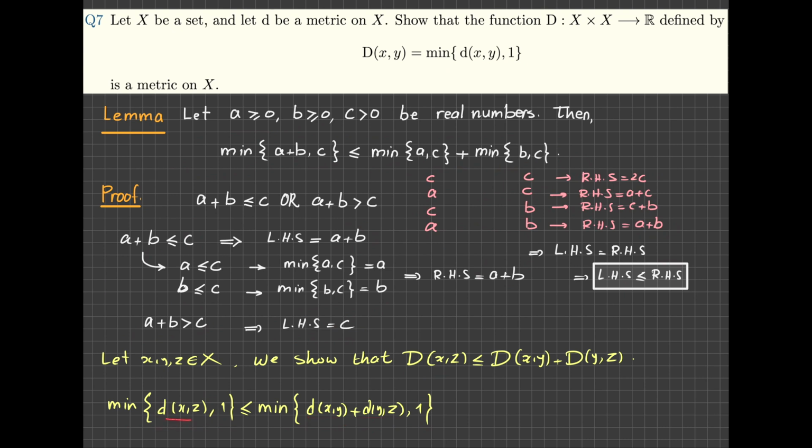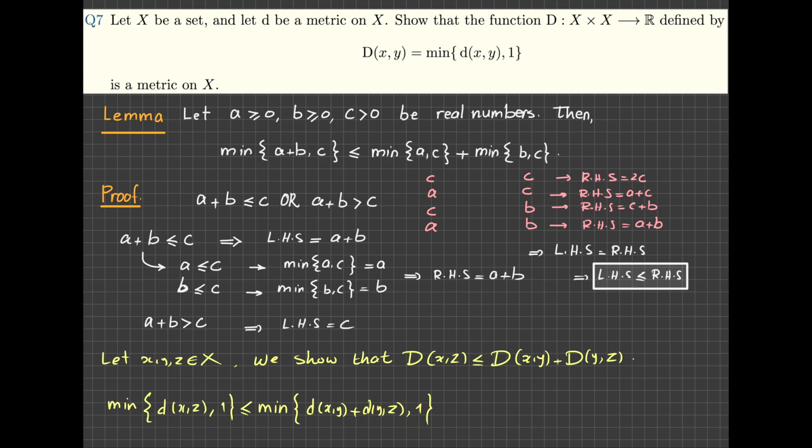One of them is this number, the other one is 1. Here I have also a set consisting of two elements, one of which is the same number 1 and the other one here is greater than or equal to that number because little d is a metric. Then it is guaranteed that the minimum of these two numbers is less than or equal to the minimum of these two numbers.